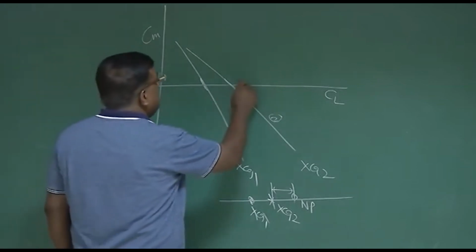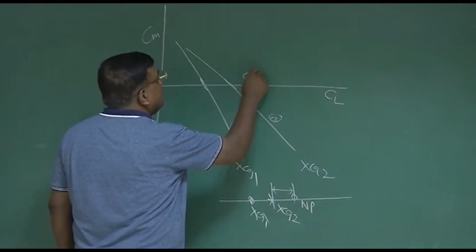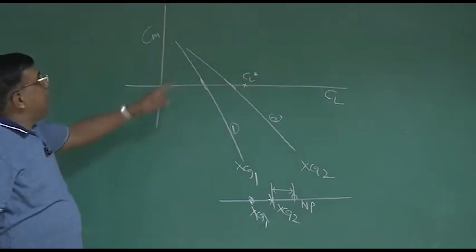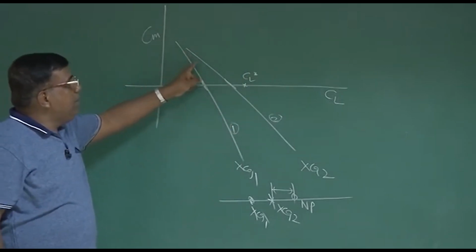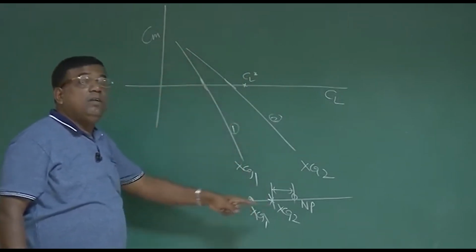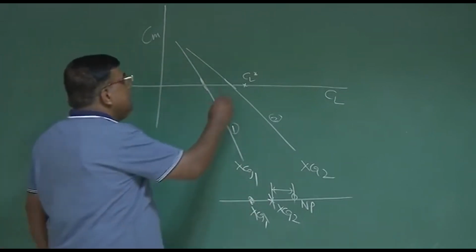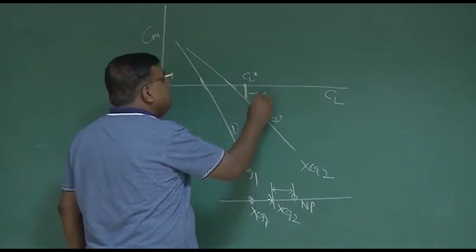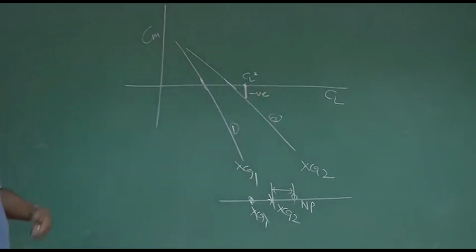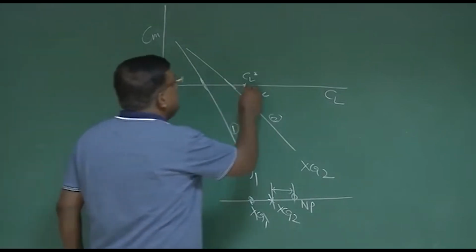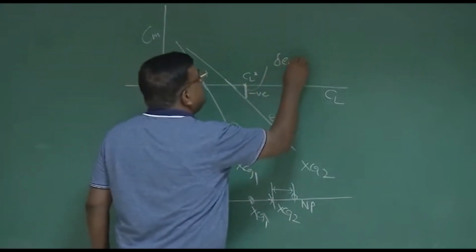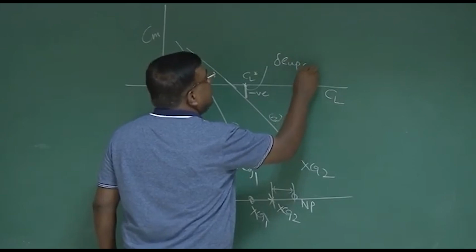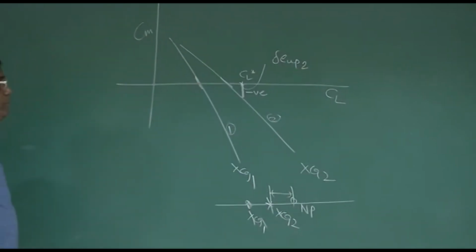If I want to trim the airplane at this CL star, with the airplane having CG at XCG2, which is statically less stable, then I have to counter this much negative pitching moment by generating positive pitching moment. And how will I do that? I will deflect the elevator up. So let us say this corresponds to elevator up 2, as per this convention.